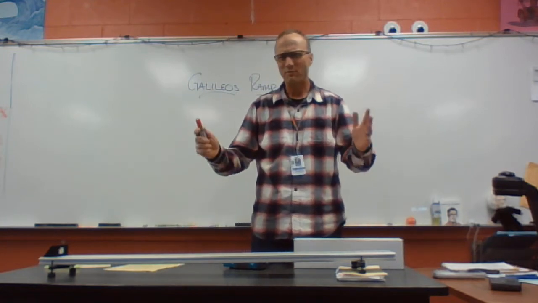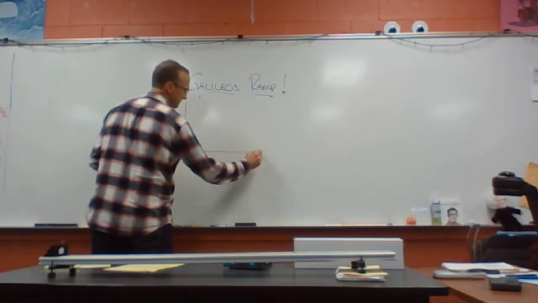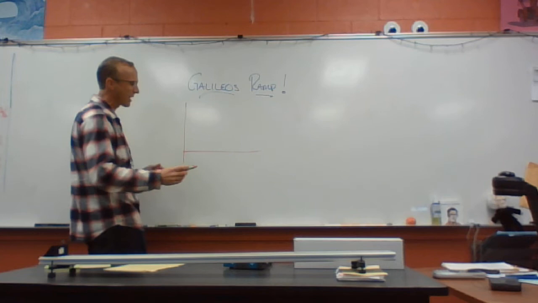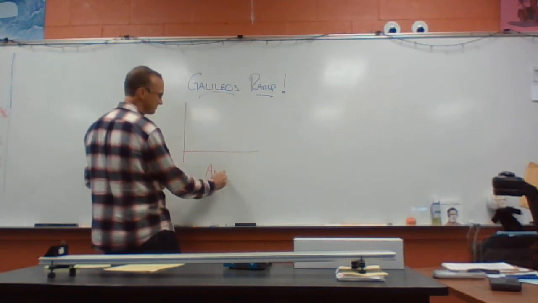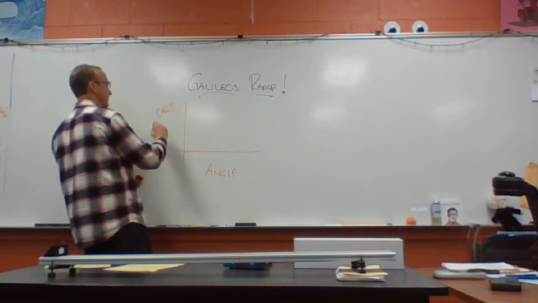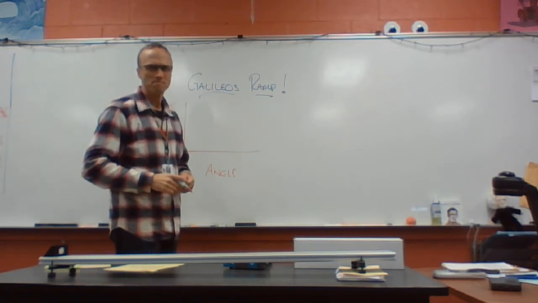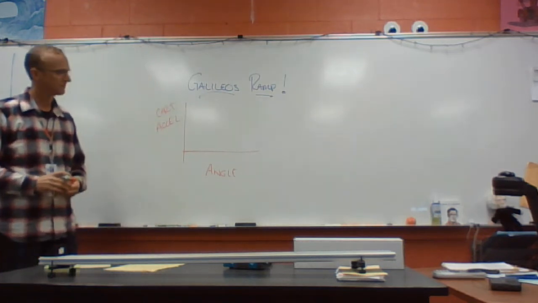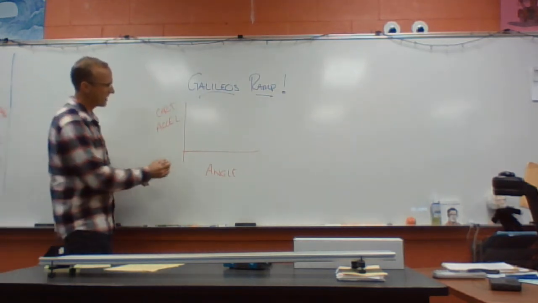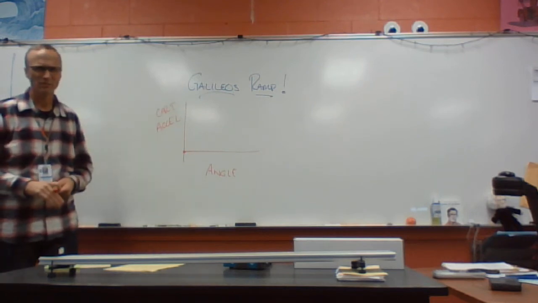So, if you ponder this, if we were to graph a relationship between, say, the ramp angle and the cart acceleration, what would that graph look like? Well, if the angle is 0, the cart doesn't accelerate at all.